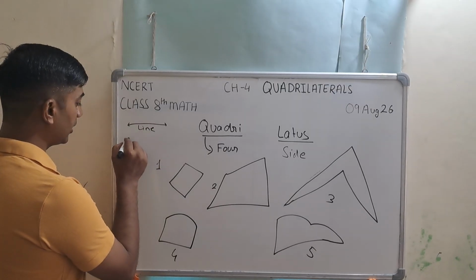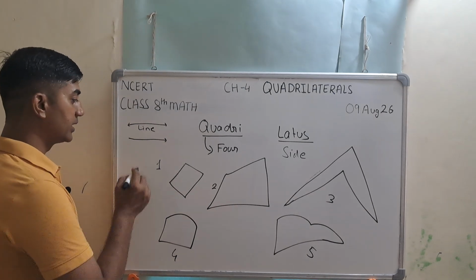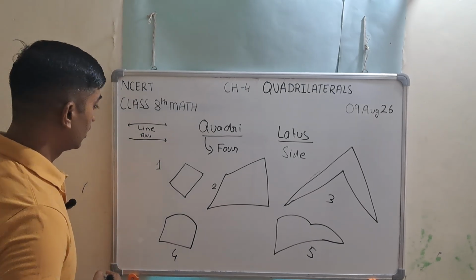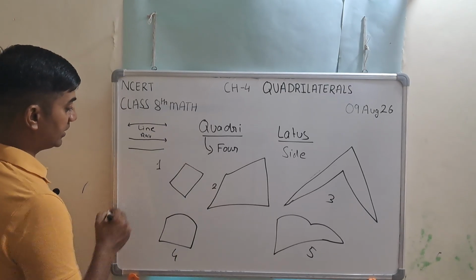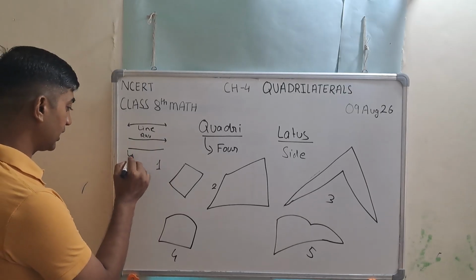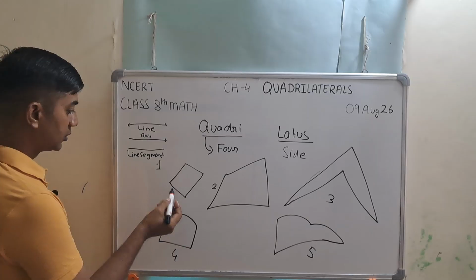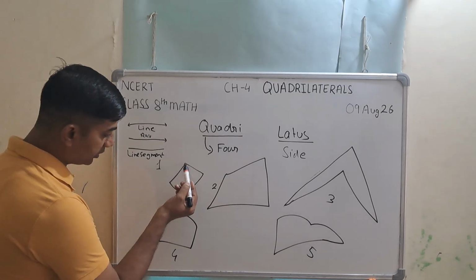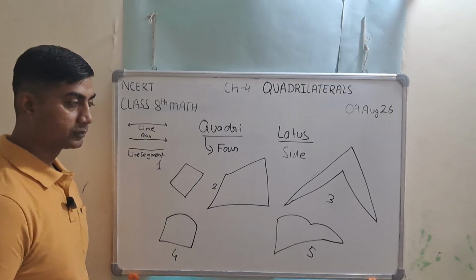And when you draw a figure which has one end point and one arrow, this is a ray. And when you draw a figure which is having an end point at both ends and is straight, this is a line segment. So a quadrilateral comprises line segments because you cannot extend these segments further.